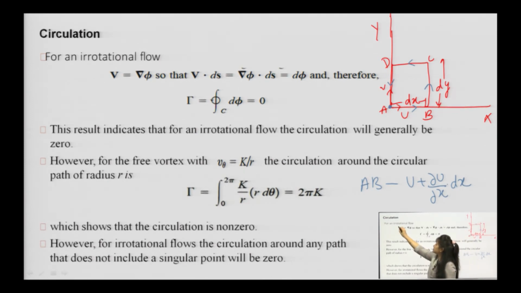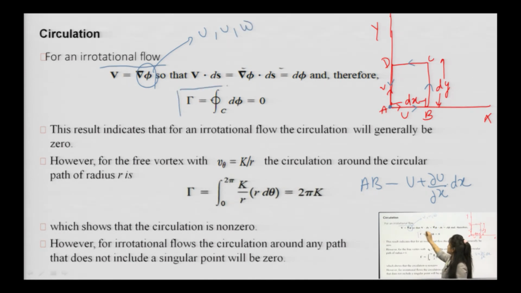Now, for irrotational flow, we have seen that velocity is calculated with the help of the stream function, and the stream function is nothing but components of u, v and w, and hence this particular equation is found, that is the line integral of psi.